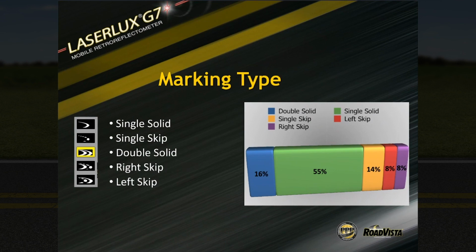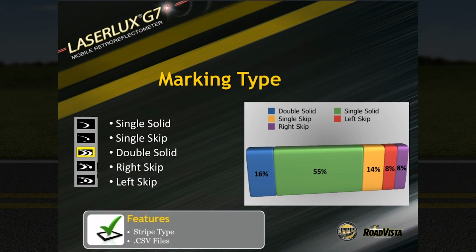If we captured some white, we threw out that data for this particular event, just so that we wouldn't have any confusing or conflicting numbers. The reason it's single solid was, of course, interstate, all single solid on the edge line, and then off interstate we had a lot of median or divided highways. So that just requires a single solid line, and you can see 55% of our readings came from those lines.